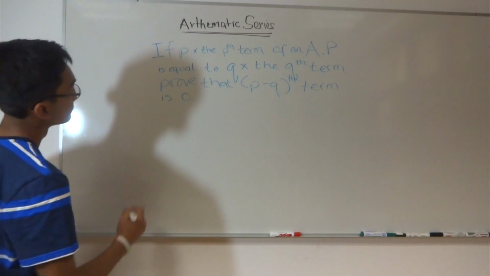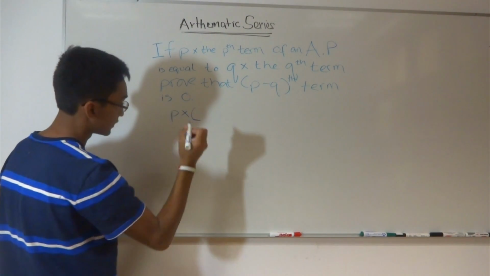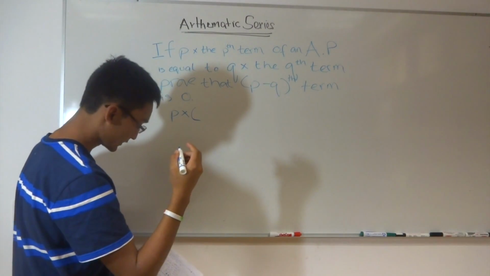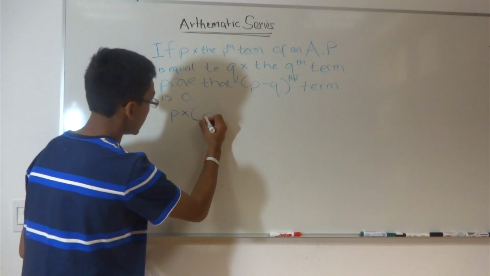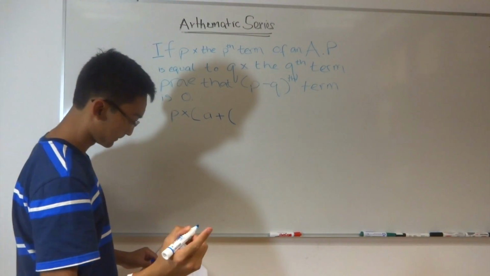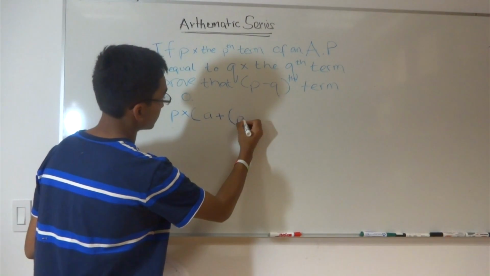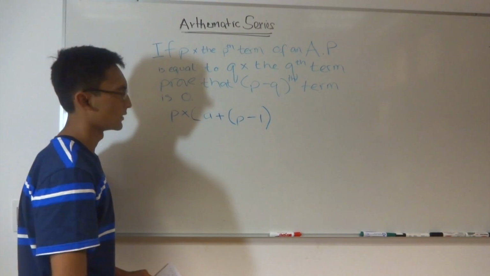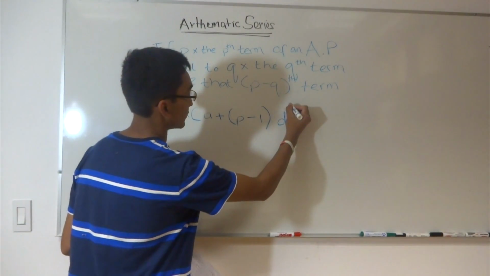So let's say, p times the pth term, which we can represent as, first of all, let's consider that a is the first term of the progression, so a plus, because it's the pth term, n is equal to p, so a plus (p minus 1) times, let's consider that the common difference is d.